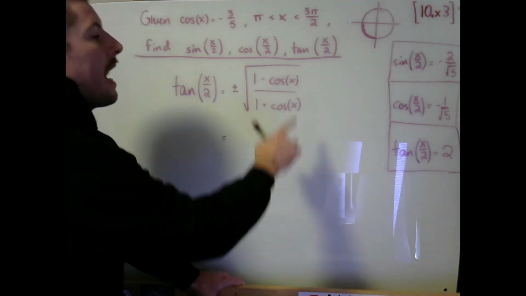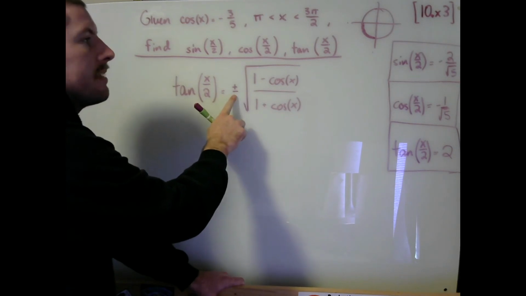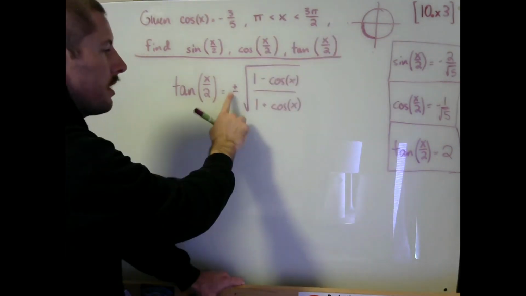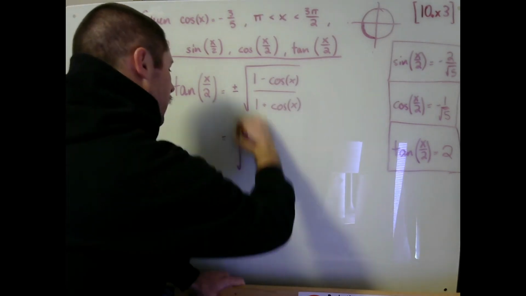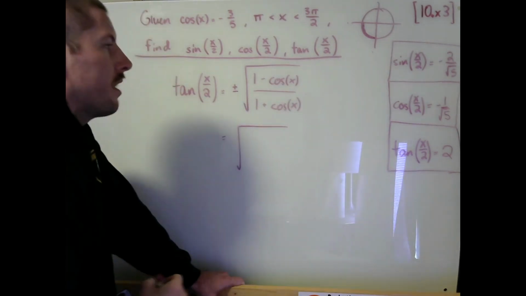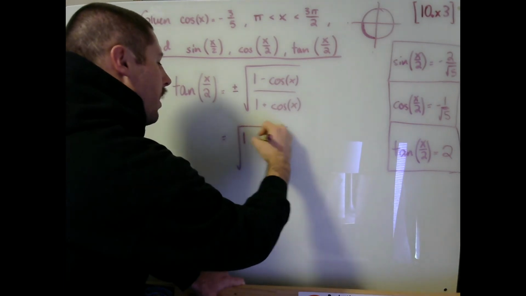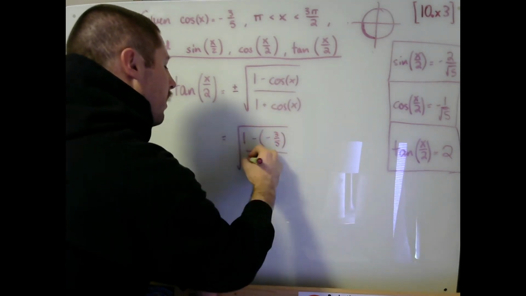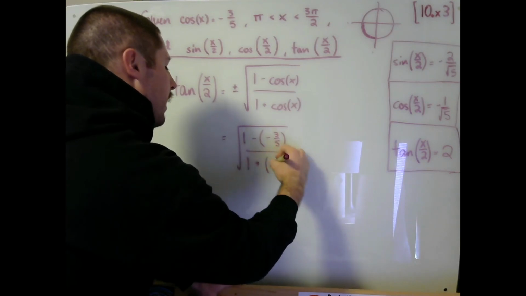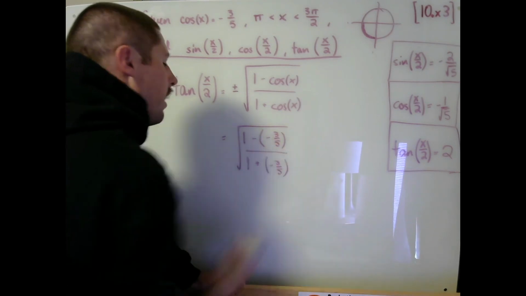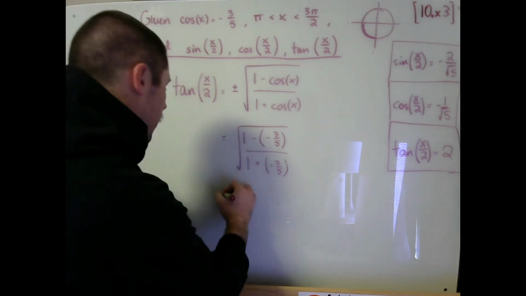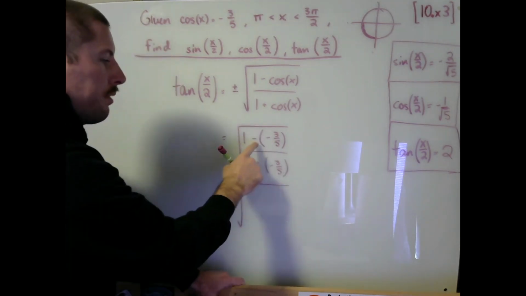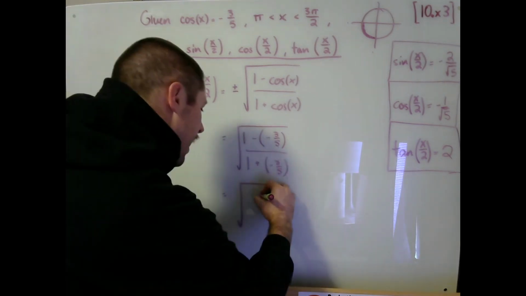Again, we've already decided that tangent should be taking on positive values when we're within this interval based on our unit circle diagram over here. So I'm going to choose positive. Underneath our square root term here, we should be getting 1 minus negative 3/5 over 1 plus negative 3/5. I'm going to do a little bit of fraction math in my head. 1 plus 3/5 should be 8/5.